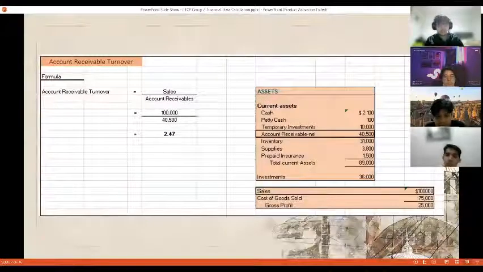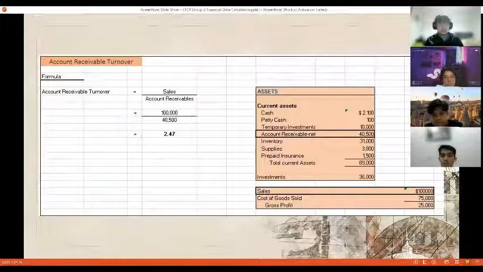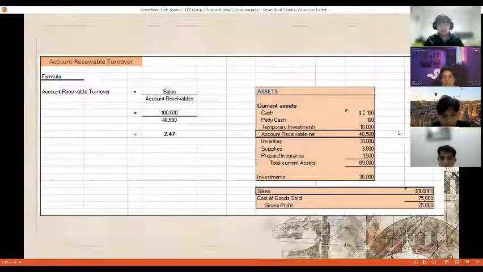For example, here we have an example of questions. So like I said, the formula is sales divided by account receivable. In the table on the side, we have several data, but we only focus on 2 units. The first one is sales.